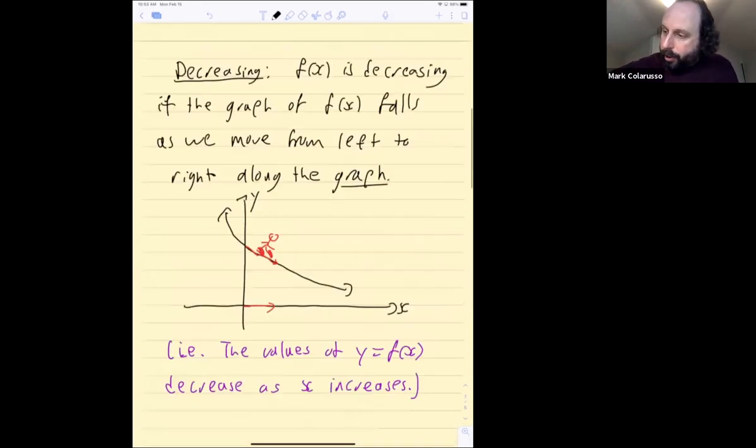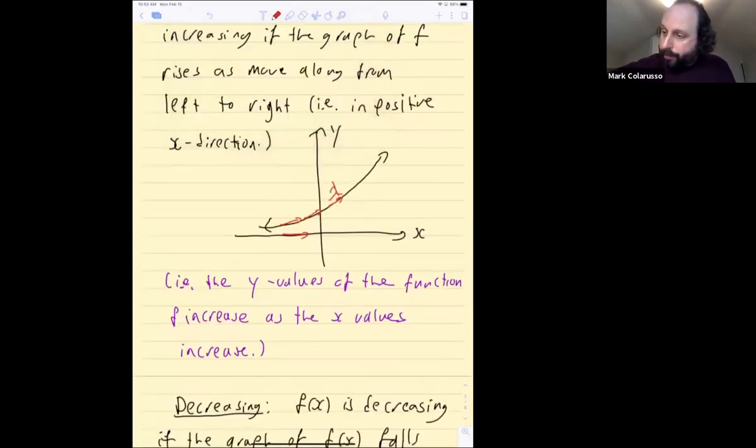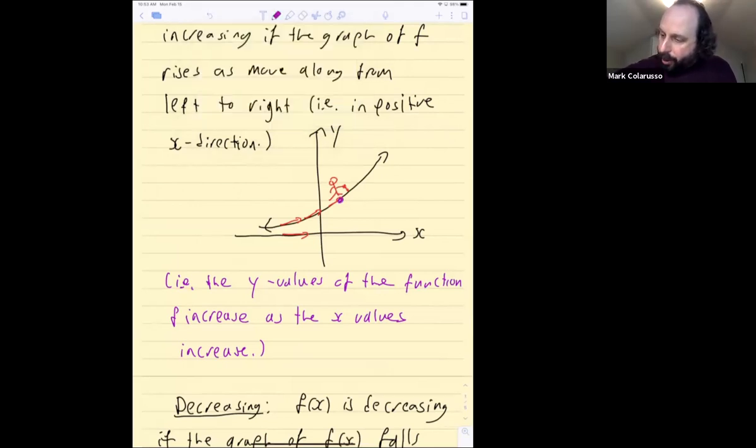So here's your guy going for a hike up this hill. Maybe he has a little walking stick. You take a tangent line here, and you see that it has positive slope. It's also positive here.